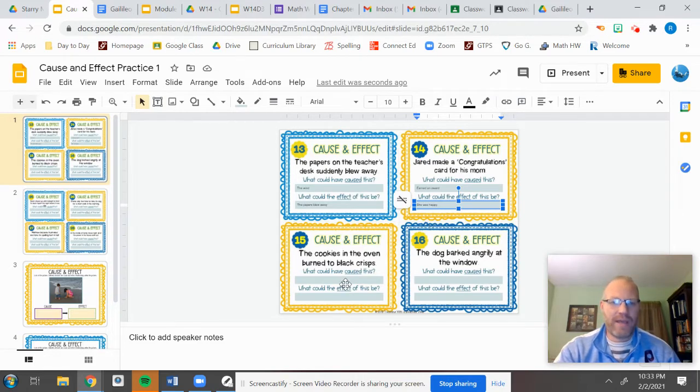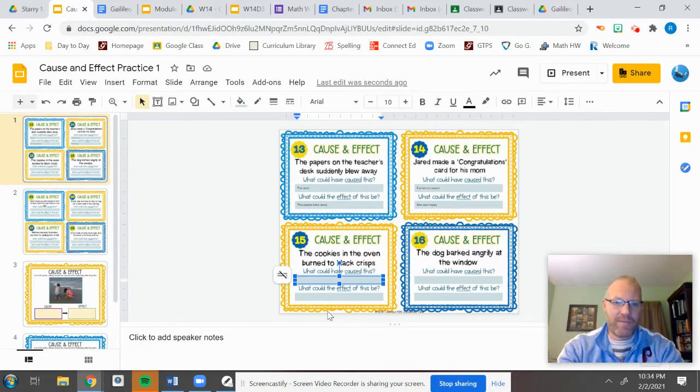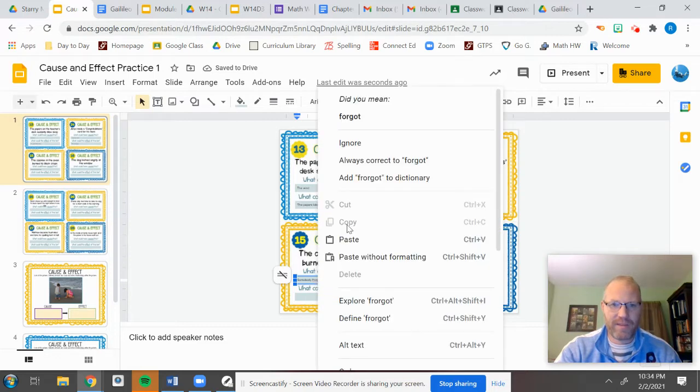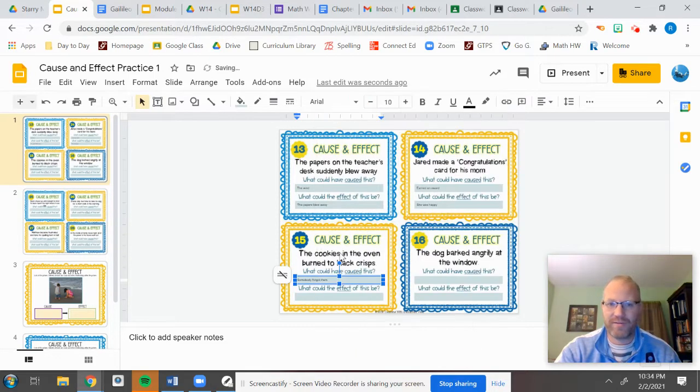Next, we have the cookies in the oven burned to black crisps. What could have caused this? Somebody forgot them. Yeah. I can't even see if I'm typing it correctly, honestly. It's so small. Sorry that it's so small, guys. It's just the way it is.